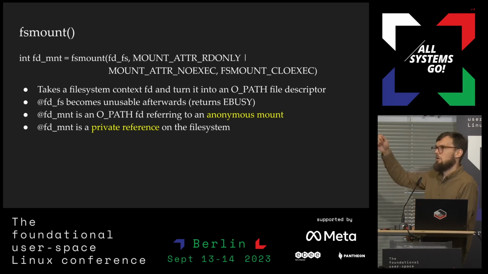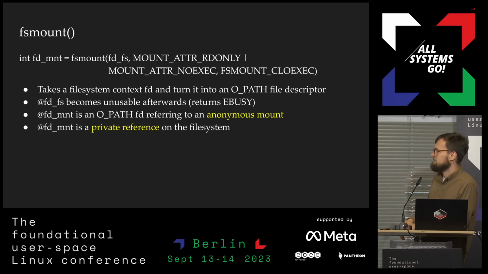So if you have /proc/pid/fd/ and then the number of your O_PATH file descriptor, you can call open on this, and then you get a new handle to this file, and then you can reopen the file with read-write permissions or read permissions. This is a hole that we're trying to fix with an extension to the openat2 system call and a whole separate topic. But in general, it's supposed to be an opaque handle which has limited abilities of what you can do with it.